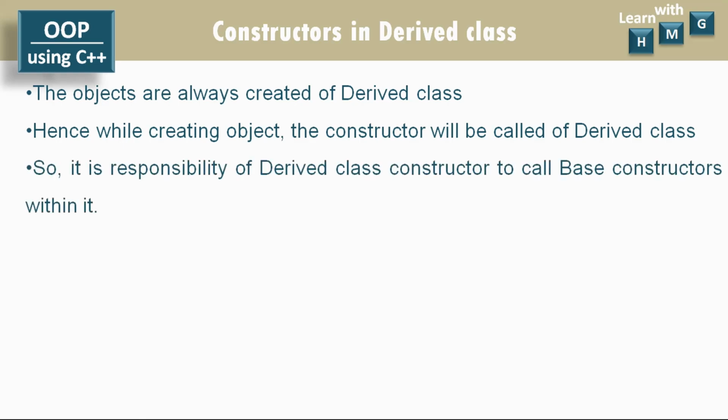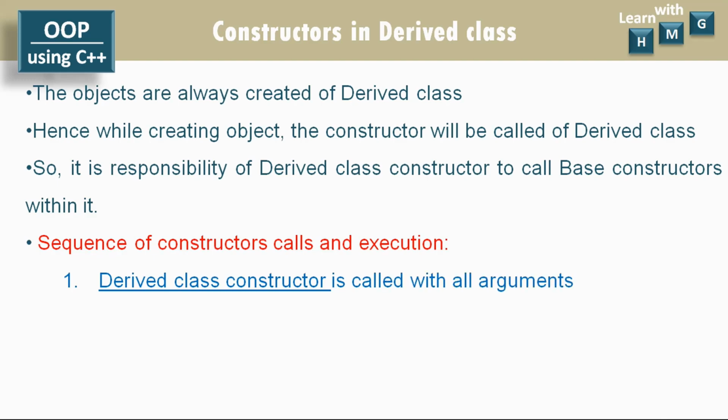So it is the responsibility of the derived class constructor to call the base constructors within it. Within the derived class constructor, there should be a provision to call the base class constructors, so that the constructors are called in a particular sequence, all data members are initialized, and the entire object is initialized. The sequence of constructor calls and execution should be like this.